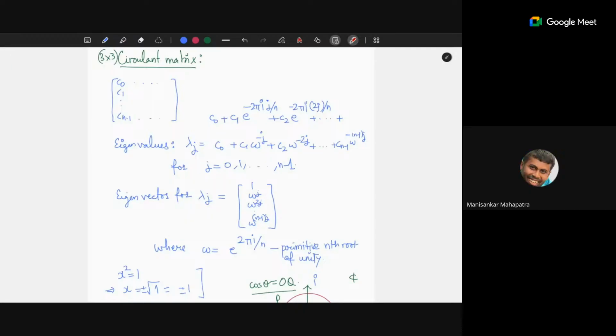Sir, calculating the eigenvalue will be very difficult. No, why is it difficult? You just need to sum them up, right?